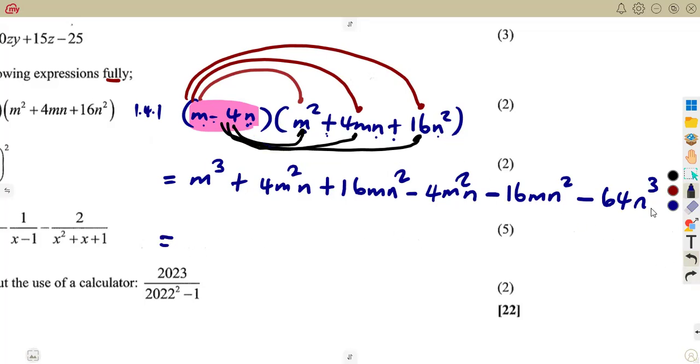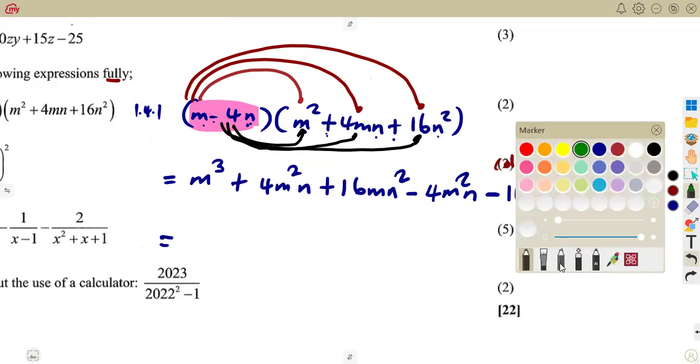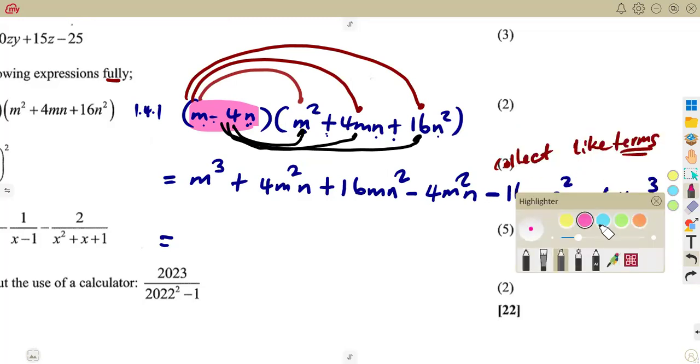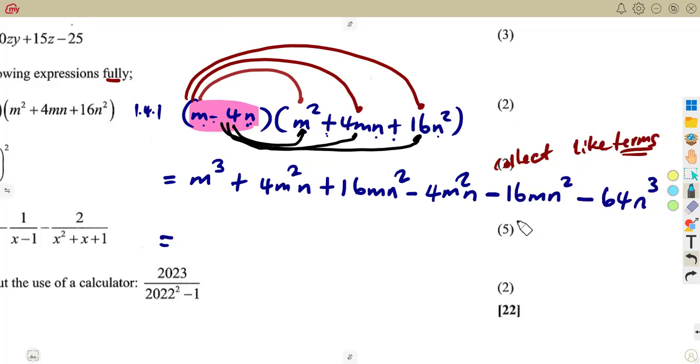So that's it. At this stage, you're supposed to collect your like terms and simplify. Collect what? Like terms. So remember the like terms, it must be the same variable, same exponent. Do we have any part where we've got m squared?